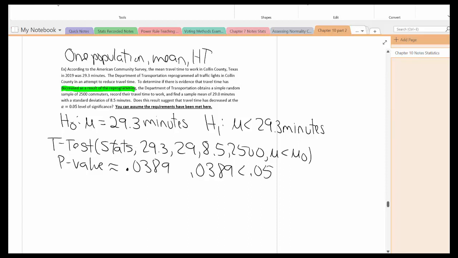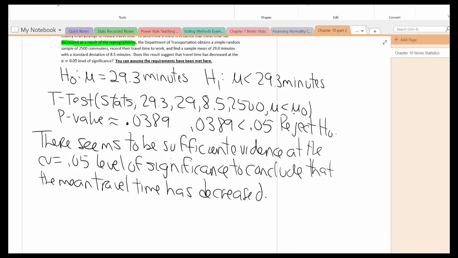Yes, this decimal is less than 5/100, so we will reject the null hypothesis. And here's how we're going to write the conclusion in the context of this problem. There seems to be sufficient evidence at the alpha equal to 0.05 level of significance to conclude the mean travel time has decreased since the reprogramming of lights.